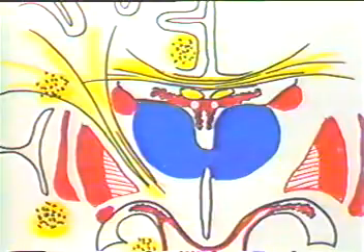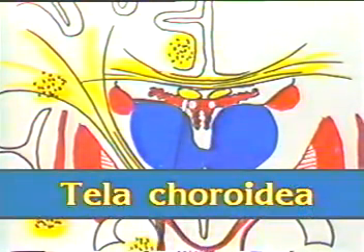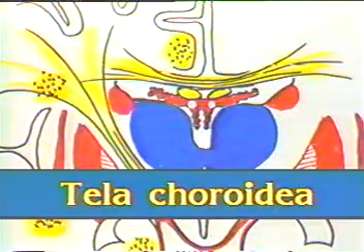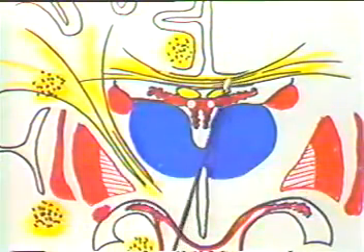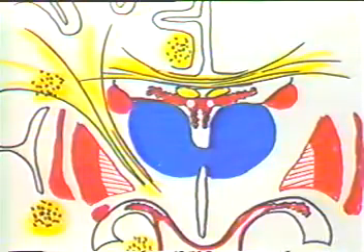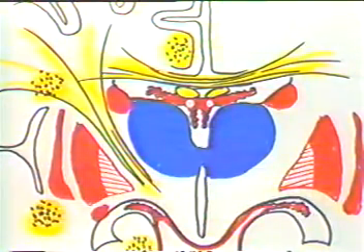And this layer of mesodermal tissue here, which is called the tela choroidea, was trapped between the telencephalon and the diencephalon when the rapidly developing cerebral hemisphere and their commissural connections, the corpus callosum here, expanded backwards on top of the diencephalon.